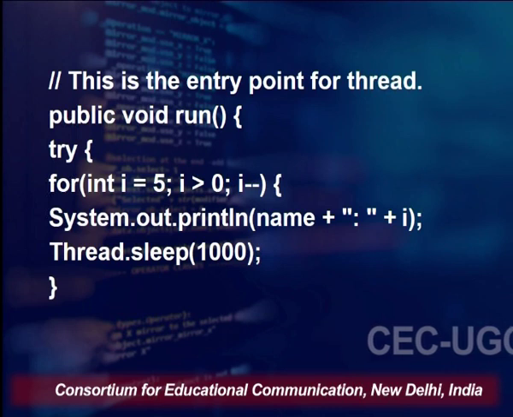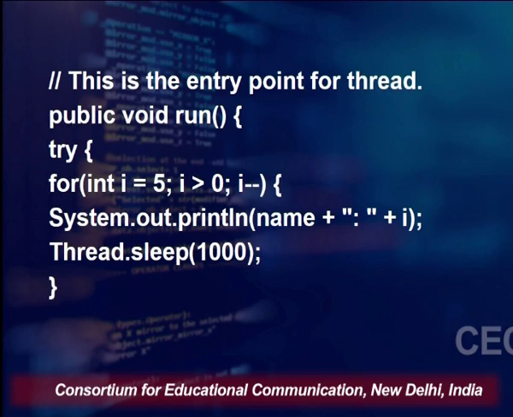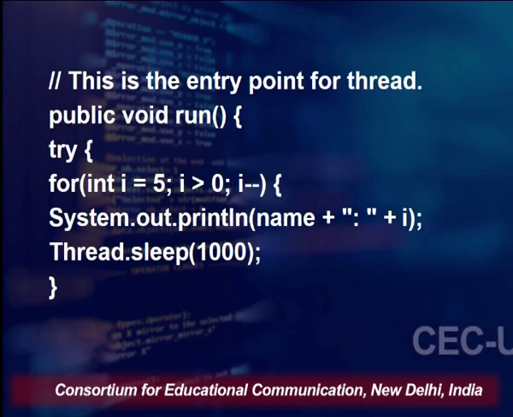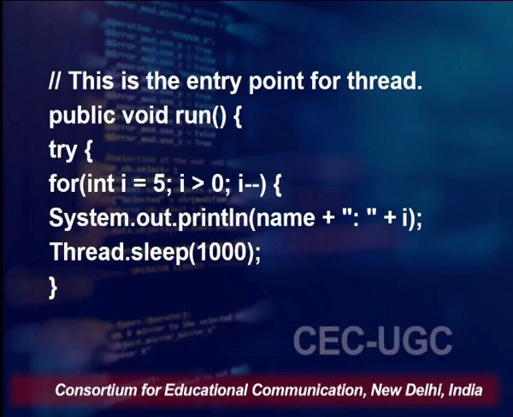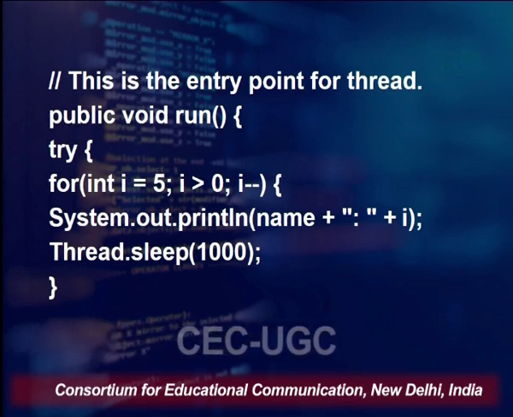Now again, the entry point for the thread is the public void run method, and then a similar kind of loop, purely for the purpose of demonstration. We are printing the name of that thread, and then we have printed the counter. Here this is going to be the name of the thread which calls this run method, or on which this run method is going to be called.